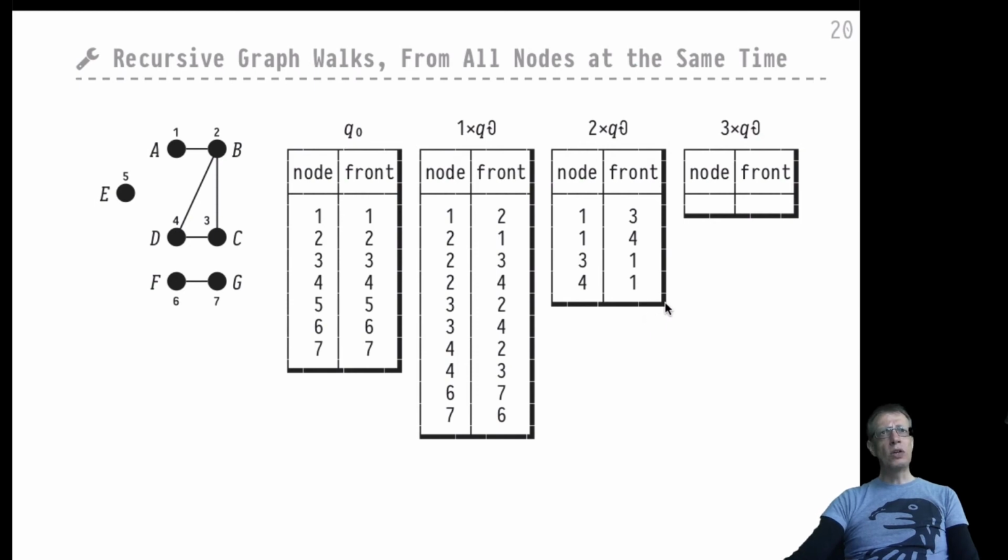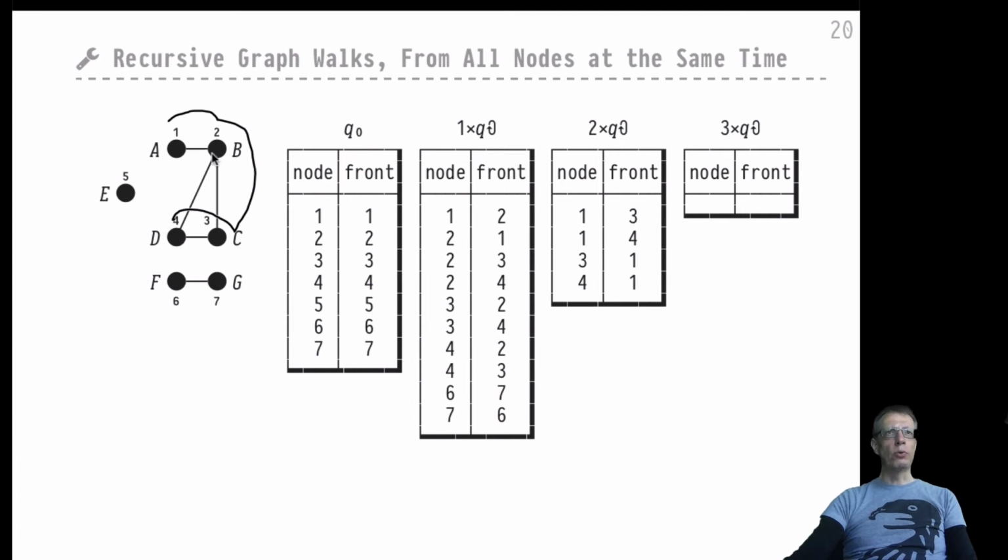But as you can see, for the tiny graph that we are currently inspecting here, already the third iteration wouldn't find any new interesting traversals. So walking from 1 to 2 to 3, we could of course extend our walk to D here, to form the 1, 4 walk.